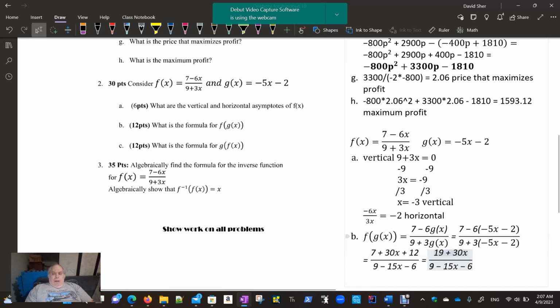The bottom, 9 minus 6, becomes 3 minus 15x. 3 divides 3 and 15, but it doesn't divide 19, so that's not a common factor. 1 minus 5x doesn't divide this either, so this is in lowest terms. That's my answer to part B.